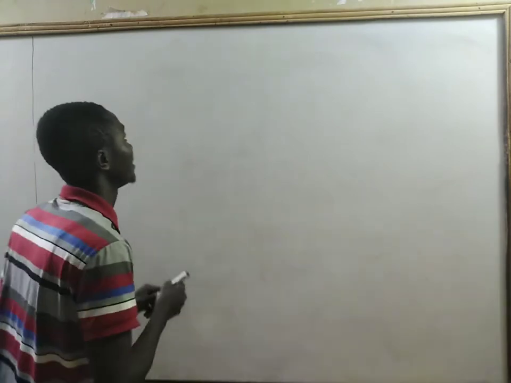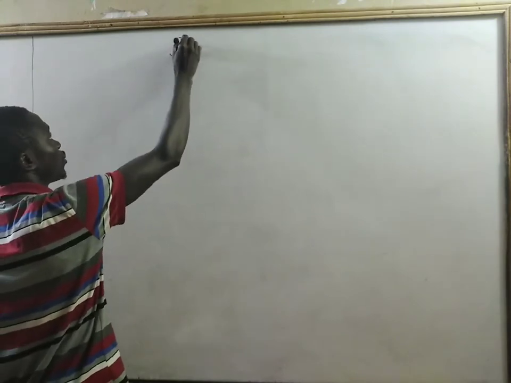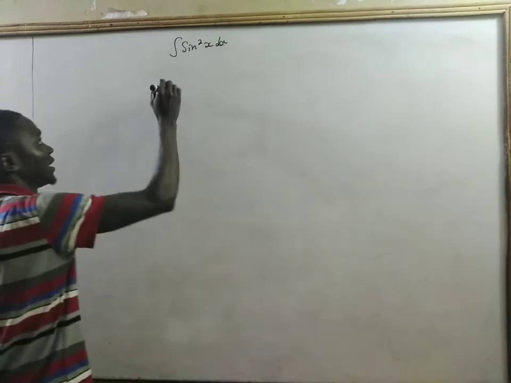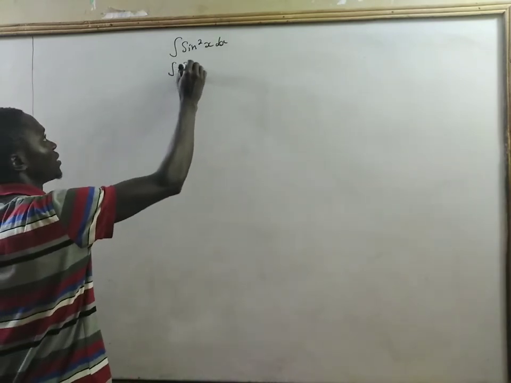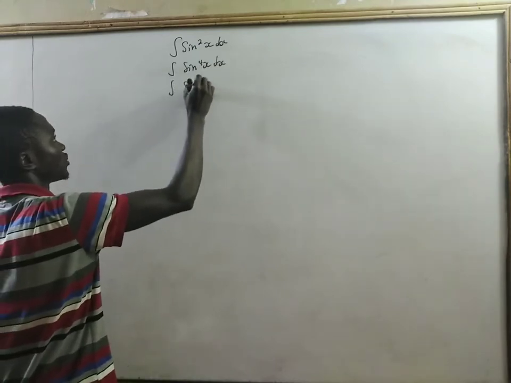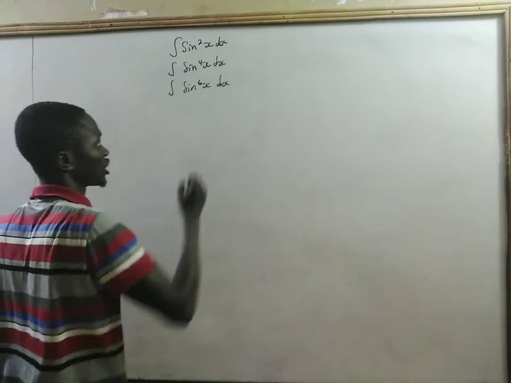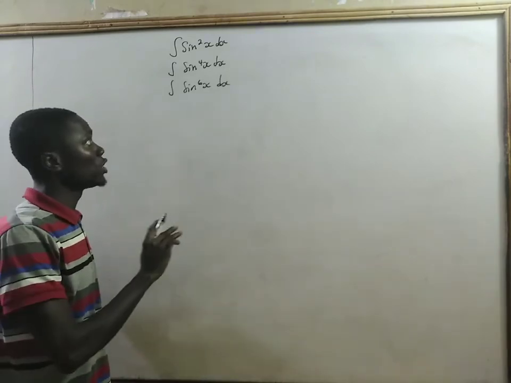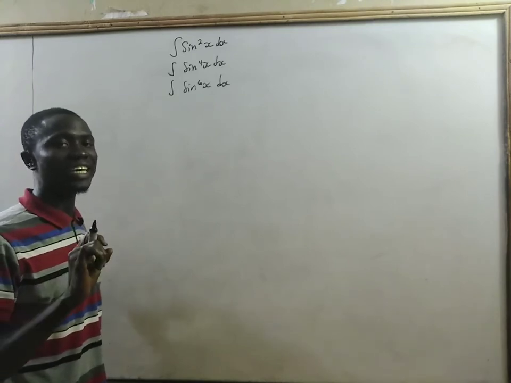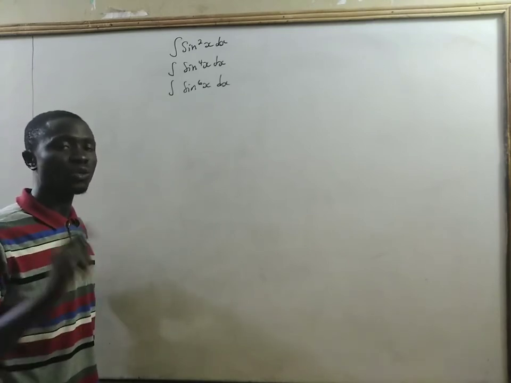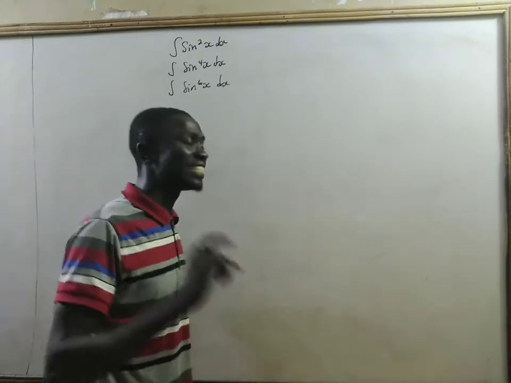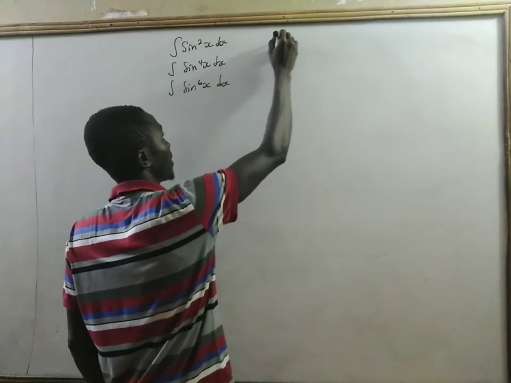So we are going to look at the integral of sin²x dx, then the integral of sin⁴x dx, and the integral of sin⁶x dx. We are going to do this simply using the reduction formula for sine of x to the power n, or the integral of sinⁿx dx.